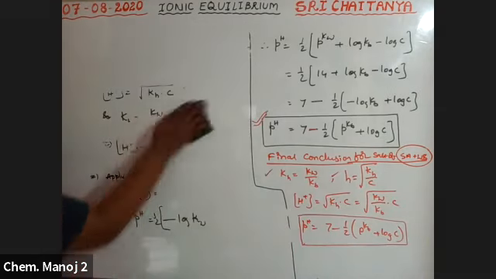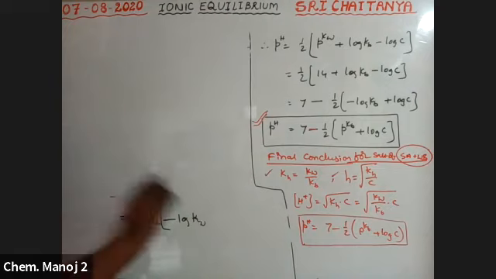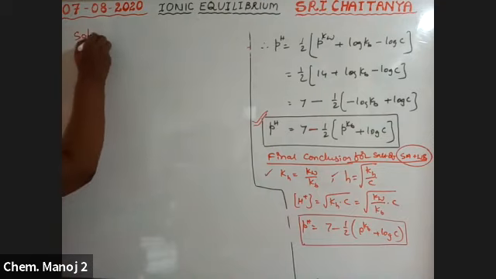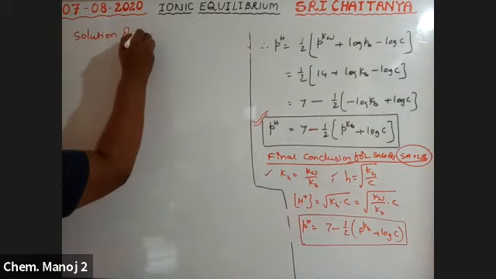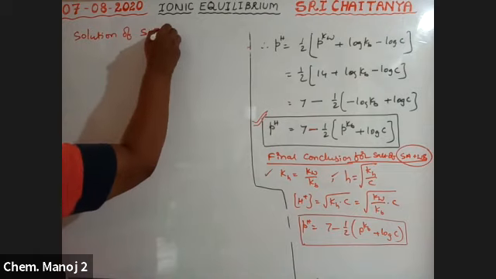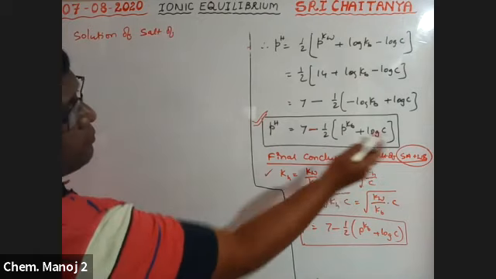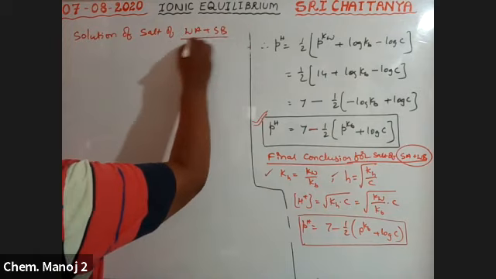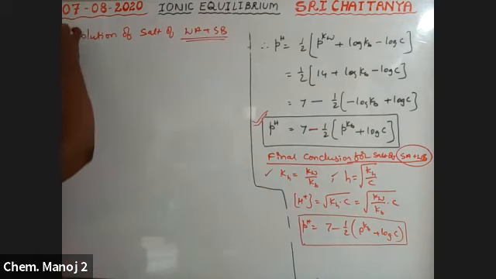Now that was a salt of strong acid plus weak base. Now reverse it: the solution of a salt of weak acid plus strong base combination. It is the third case, my dear boys.